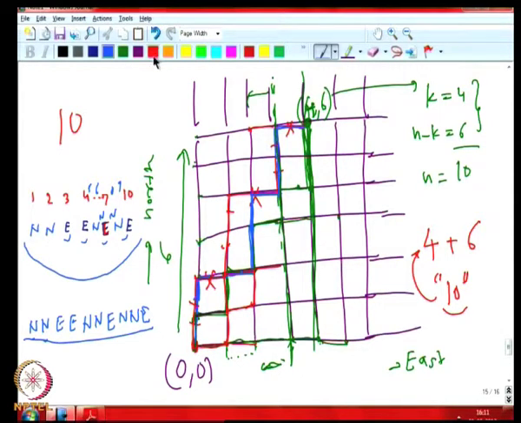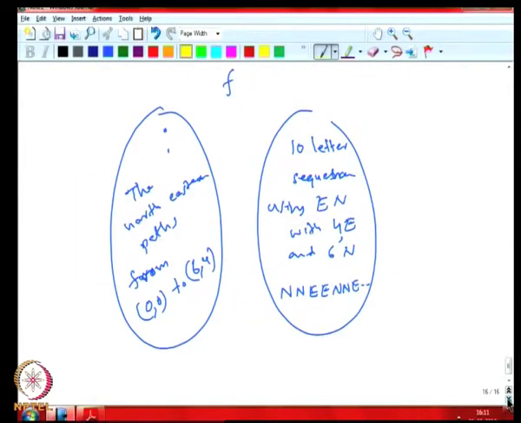For instance, this path I can write N E N, right. So, we will be able to write down one sequence like that, and you can clearly see that every path will get a sequence, and for each path just one sequence will come. So, it is indeed a function, and then we want to verify that it is a bijection.